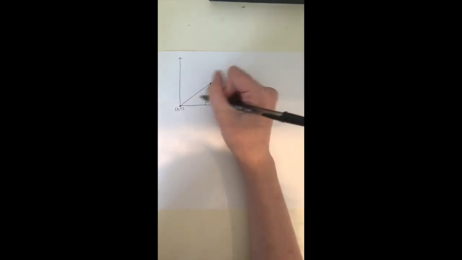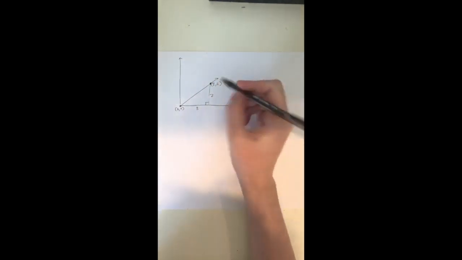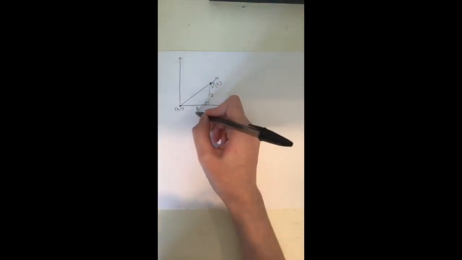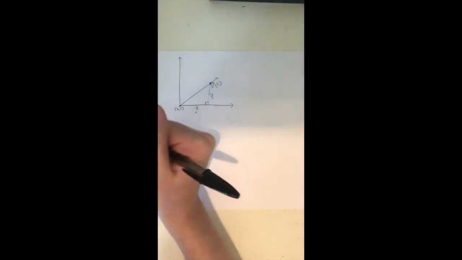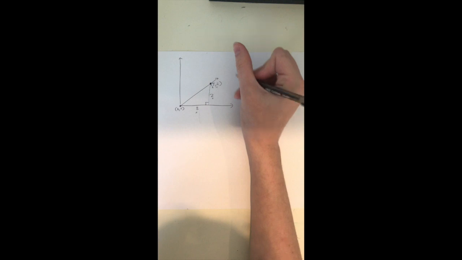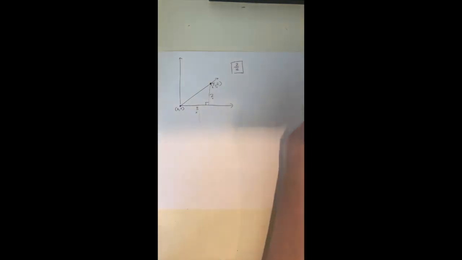If you know that this goes over 3 and up 2, because that's an x and a y, so this is the x and this is the y, you could do rise over run, so that would be 2 over 3, which would be your slope.